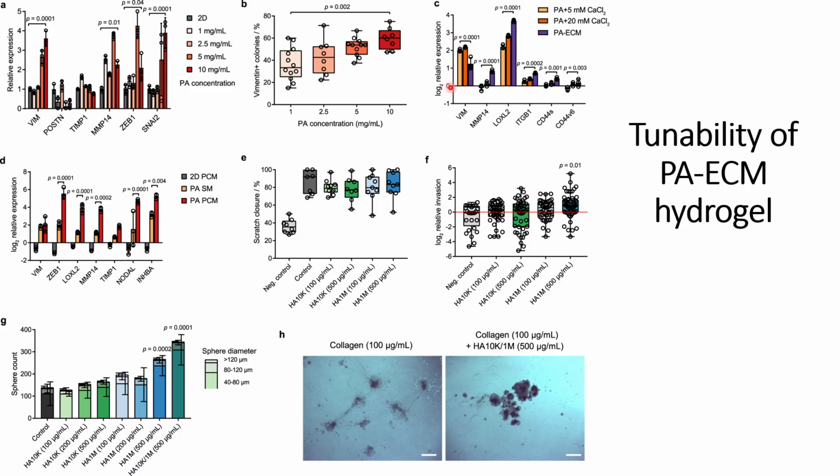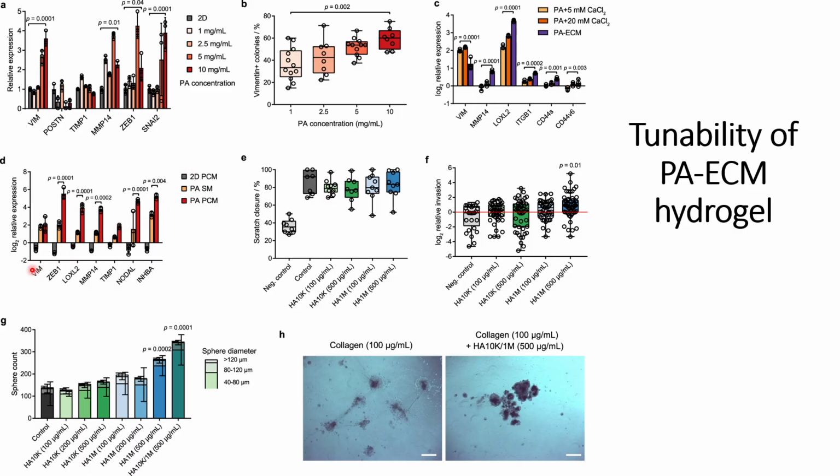After validating that their PA-ECM hydrogel models are able to replicate results similar to in vivo in terms of triggering EMT characteristics in the stiffer environment, they checked the same things for 2D monoculture pancreatic cancer cells.